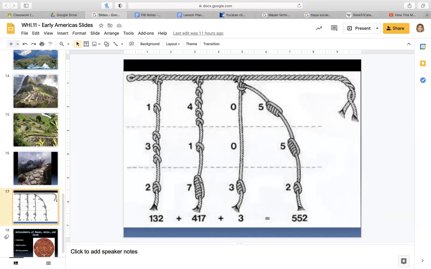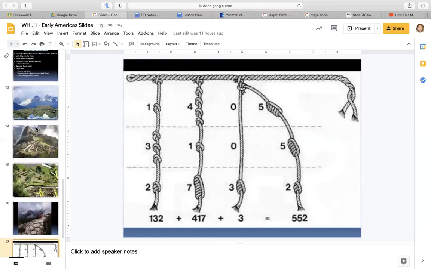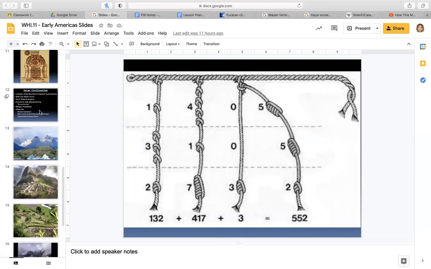And these are these knotted ropes you see here. The Inca never invented a writing system, but they used the quipus to record economic, bureaucratic, religious, and other information. So that's a pretty interesting and innovative way to come up with a form of communication as far as keeping record.